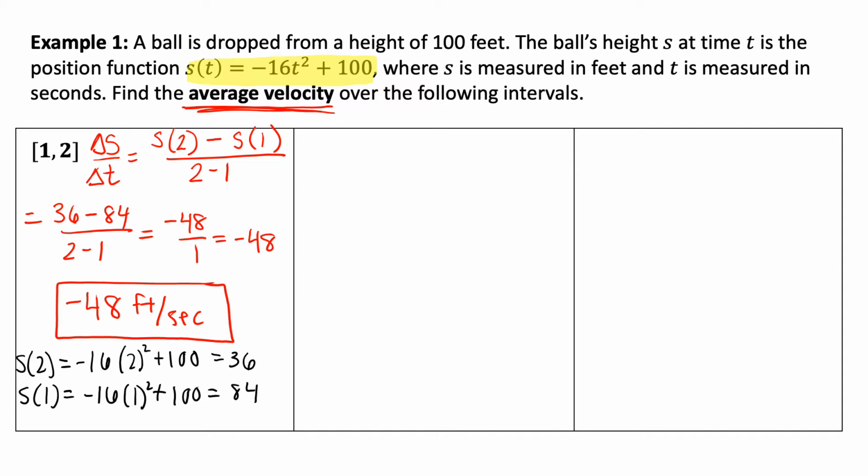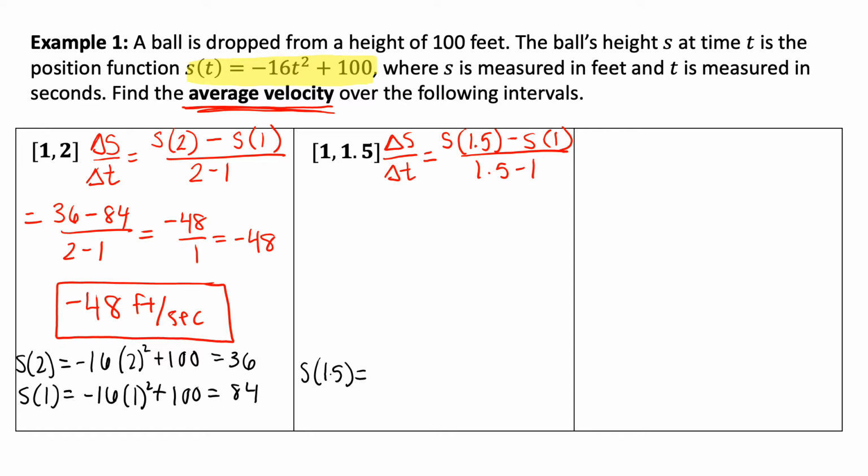We want to do the same thing on the interval from 1 to 1.5. So just like we did with our first interval, we want to investigate the change in position over the change in time, again by evaluating our position at 1.5 and again at 1 over 1.5 minus 1. Just like before, I'm going to evaluate S of 1.5.